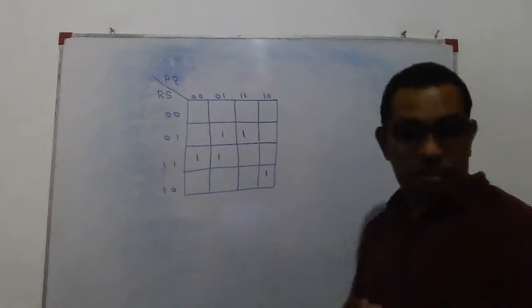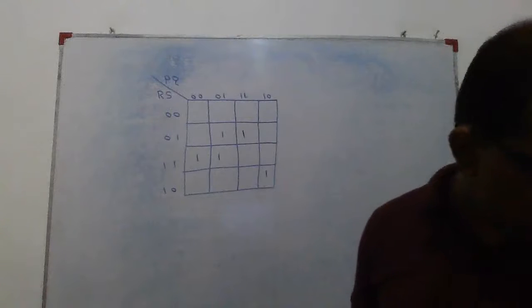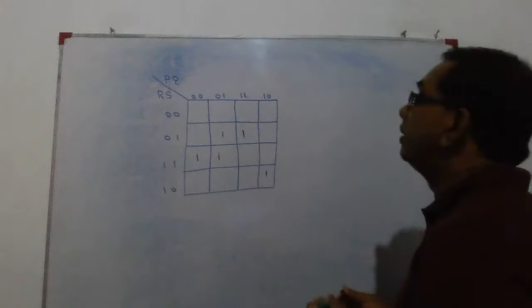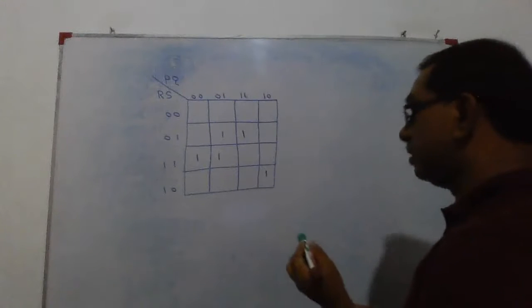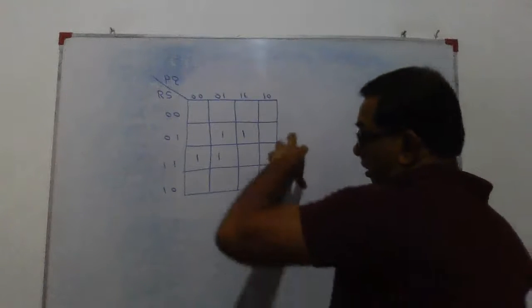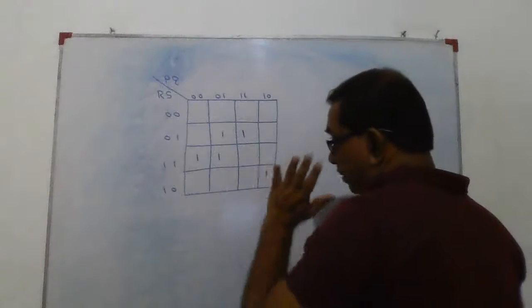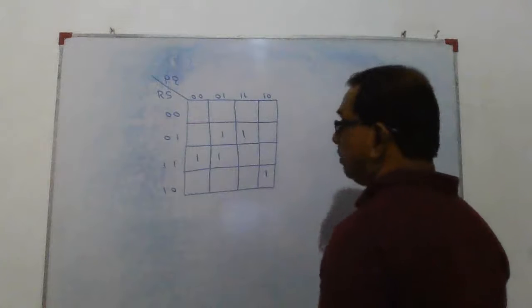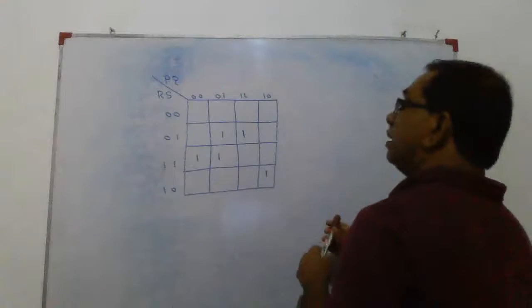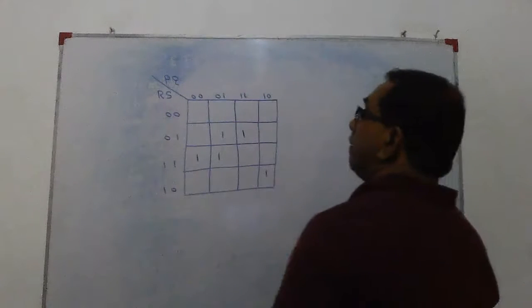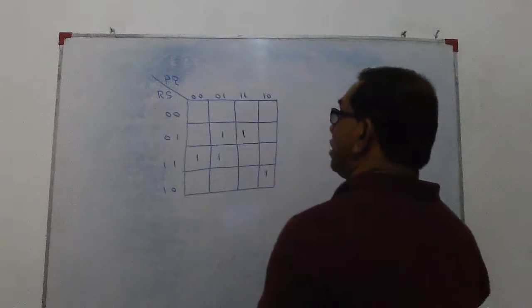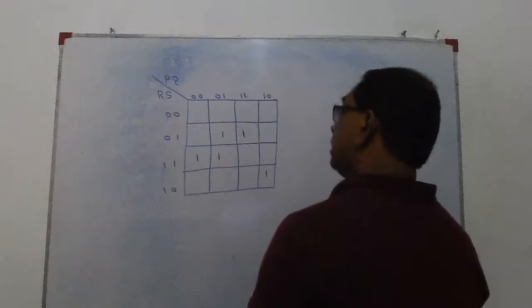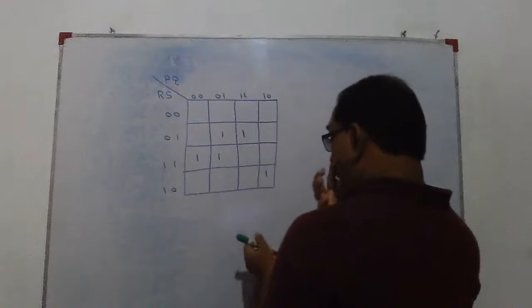Now we want to make a group. This is a very useful situation. We are going to create a larger group. So we try to get 4 cells, but we are unable. 2 cells is possible, 2 cells here. Yes, so be very careful here.